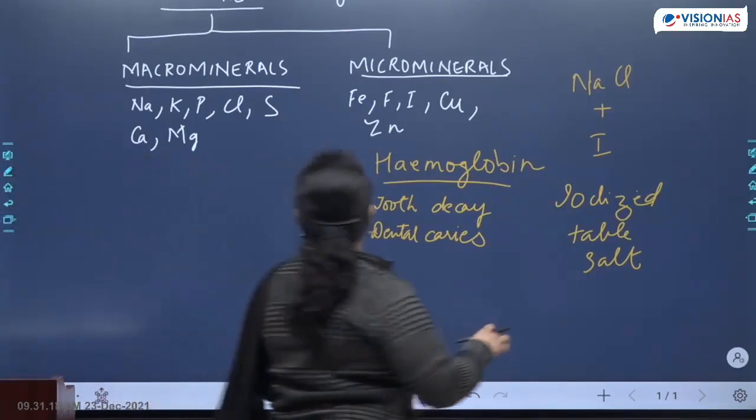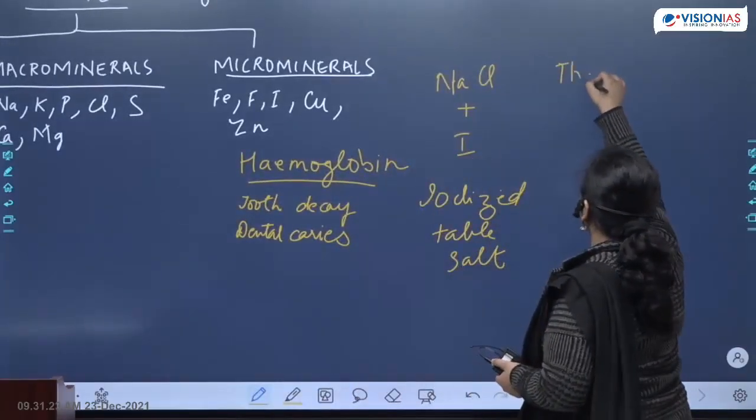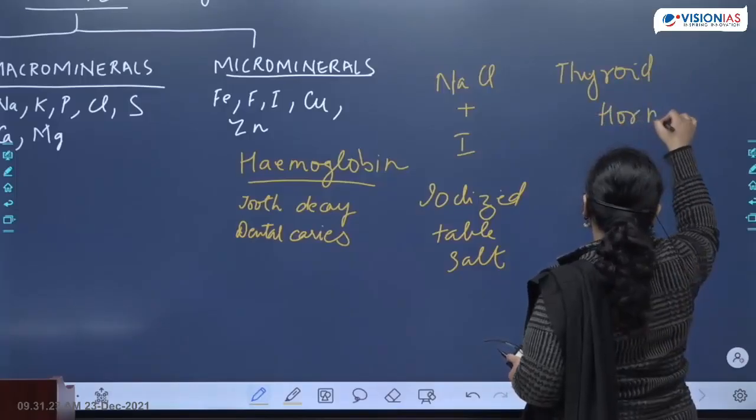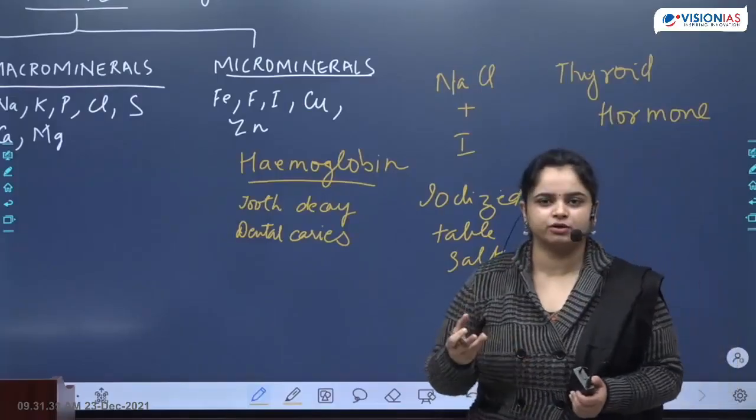Iodine is a component of one hormone, and that is the thyroid hormone. To make up the structure of this hormone, we need iodine.